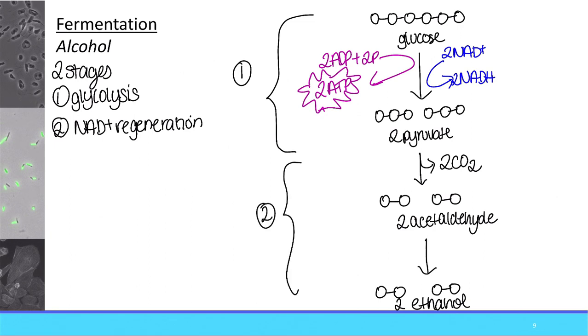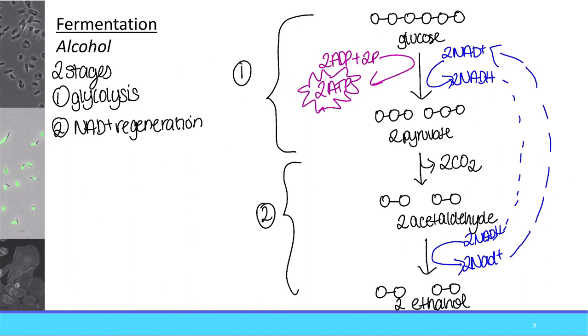The reason that it is called NAD plus regeneration is that we take that NADH from our stage 1, and that gets oxidized back to NAD plus, which means that NAD plus can be reused in stage 1 again.